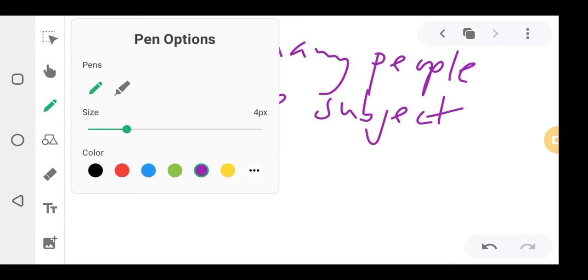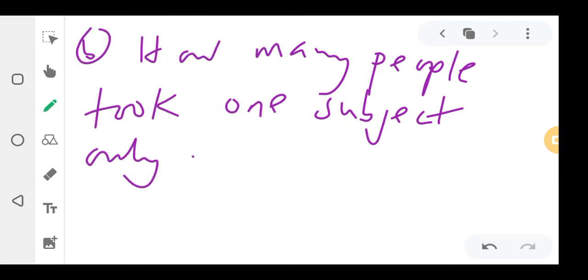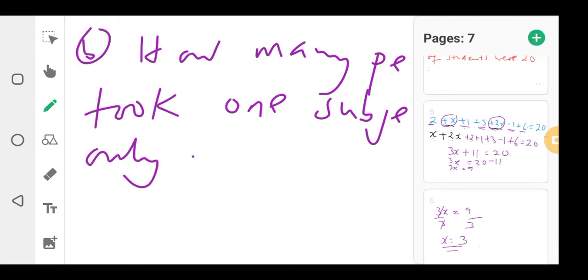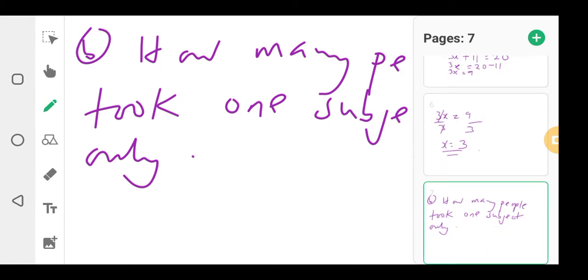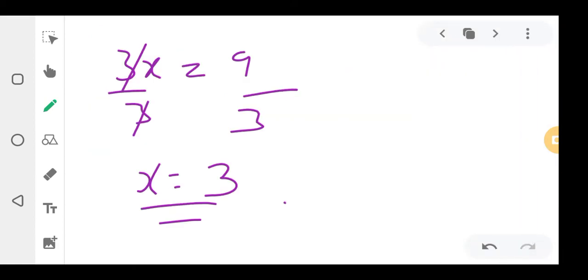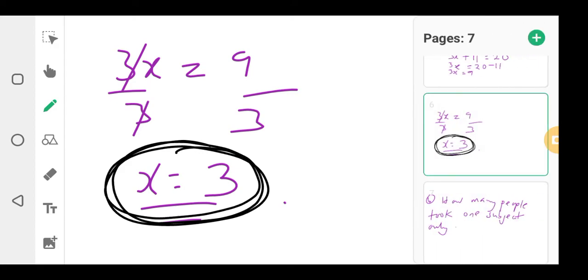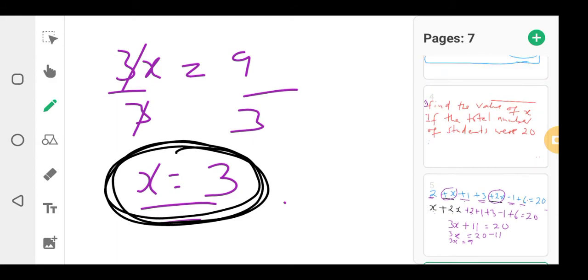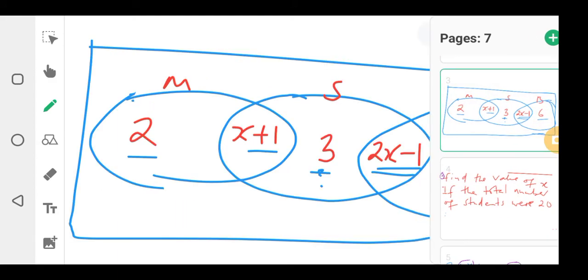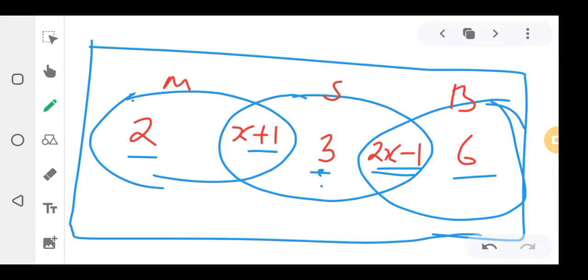I taught you how to do this. One subject only means the element should be independent. You already know that x is 3. Do not forget that wherever there is x, there is 3, because you've already calculated the value of x. So don't start getting confused now.